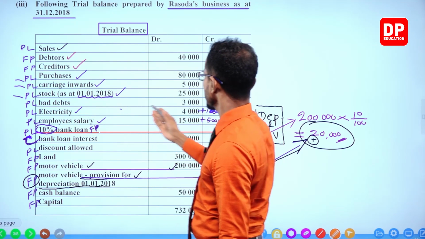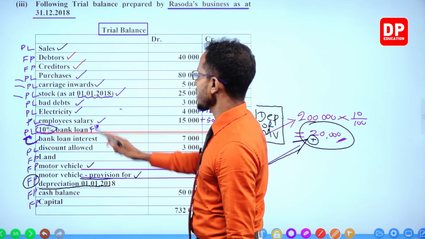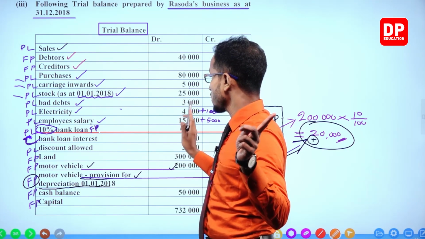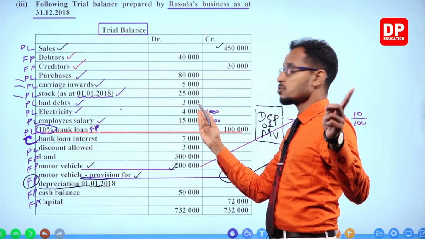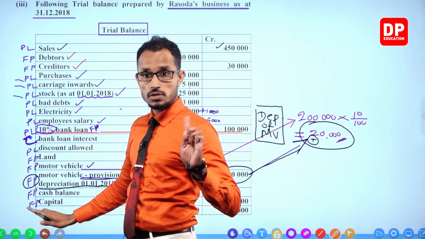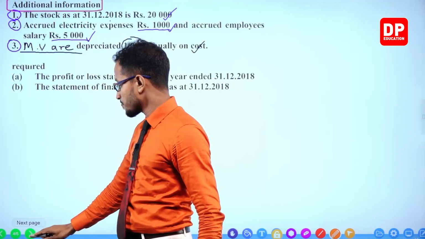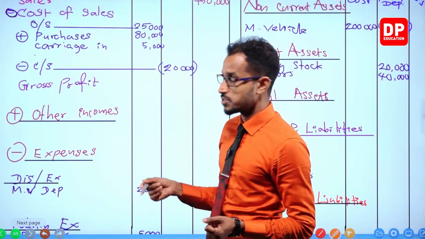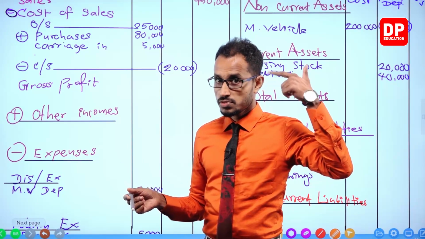Bad debts 3,000 and that is an expense. Don't go and subtract this 3,000 from the debtors now. If the bad debts are given in the trial balance, it is already recorded and subtracted from debtors. Just think like that.